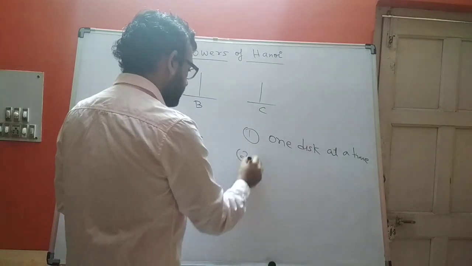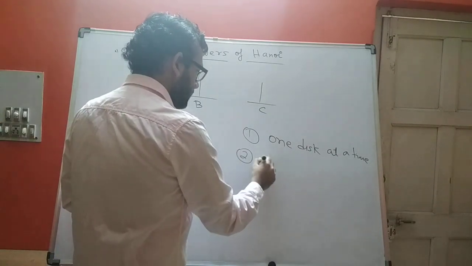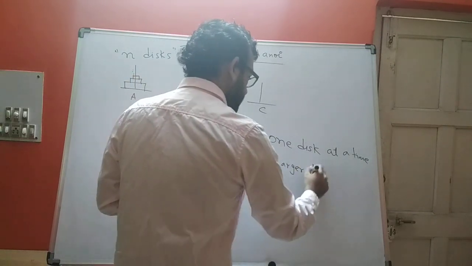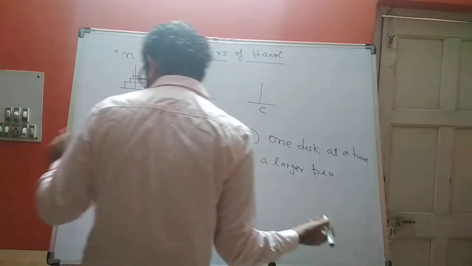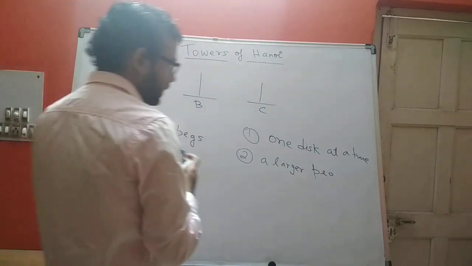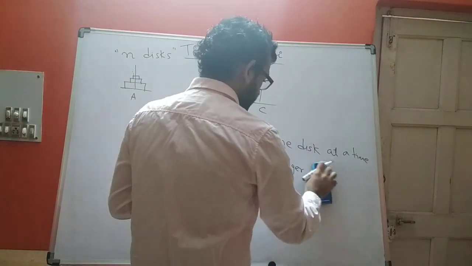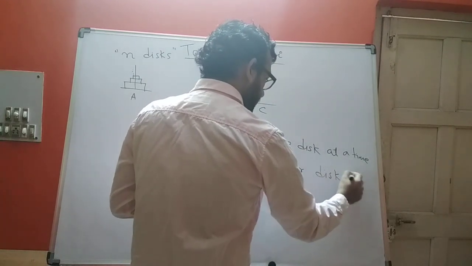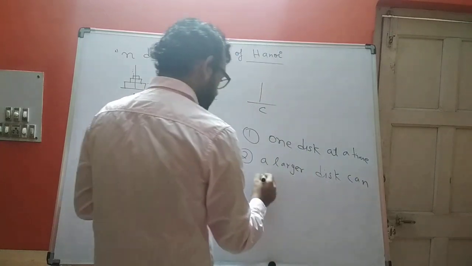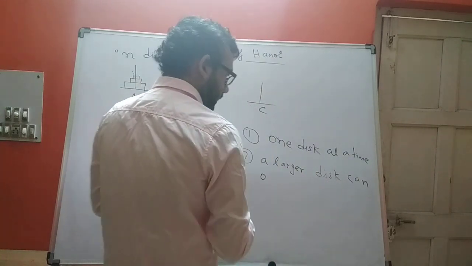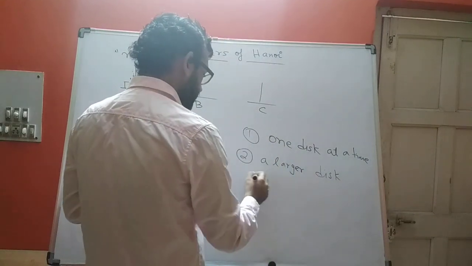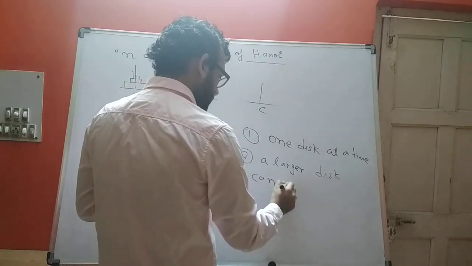And the second constraint is, not a larger peg, rather a larger disc. Let's put it as a negative case.